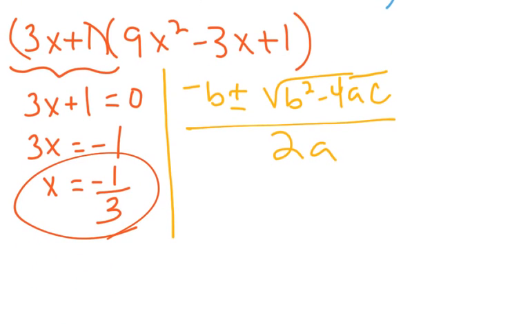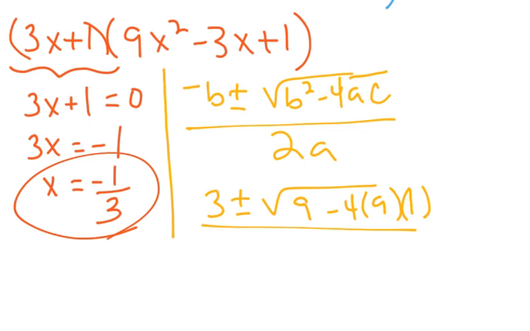And now let's plug in what we know. So b is already -3, so a -b will get rid of that negative. So it's a +3 plus or minus the square root of b squared, -3 squared is 9, minus 4 times 9 times 1, all over 2a. 2 times a is 18.